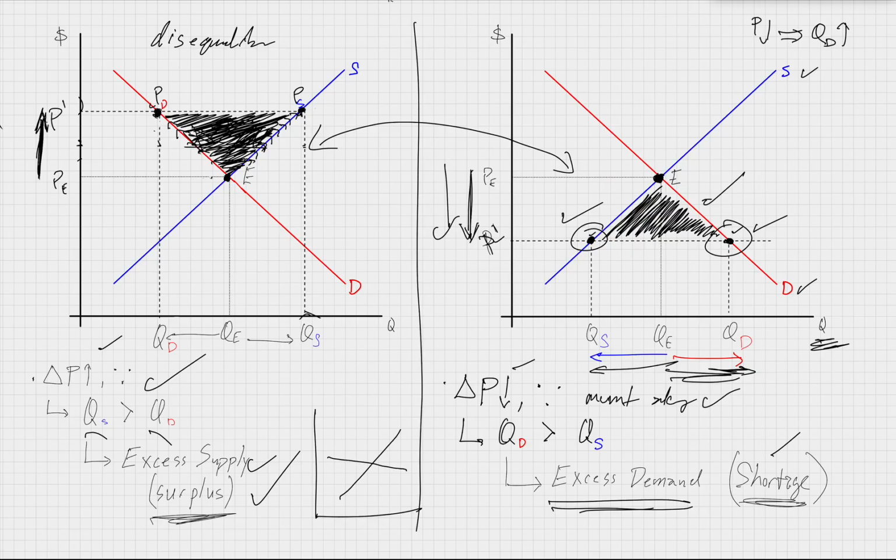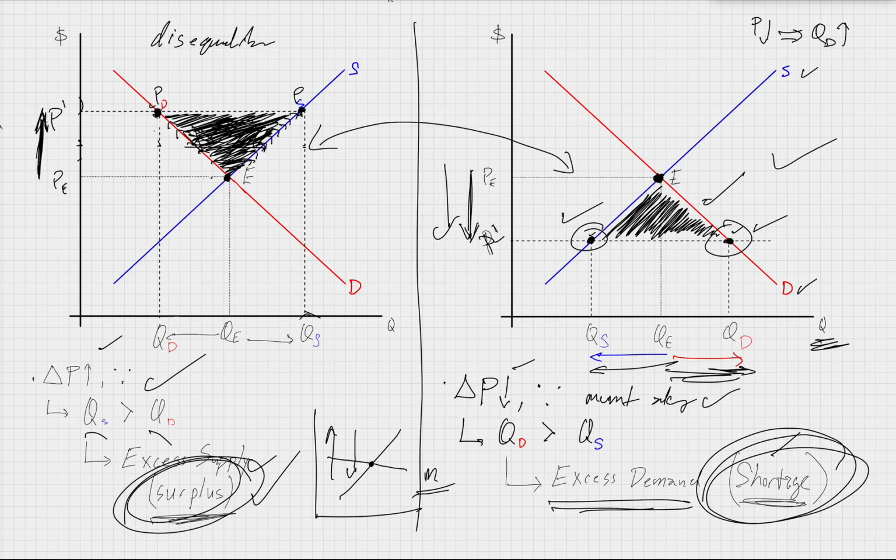Now, this is when we get into elasticities, and we'll be getting into that in the next video or so. However, the point being is if there is a price change, either up or down, the slope of the demand curve really tells you a lot in terms of how much of a shortage you will have or how much of a surplus you will have.